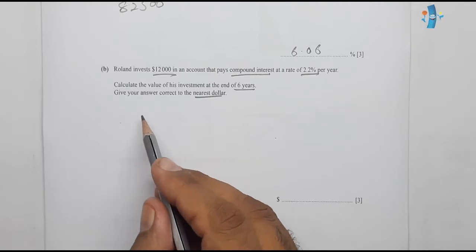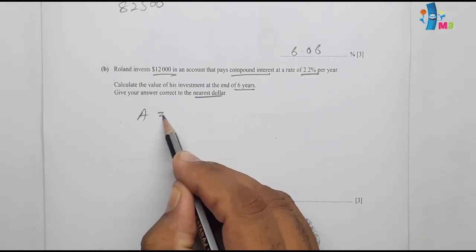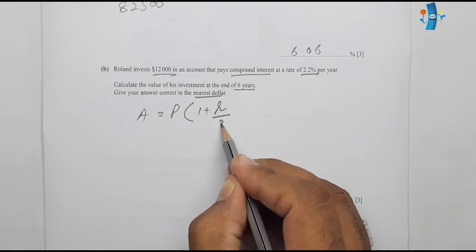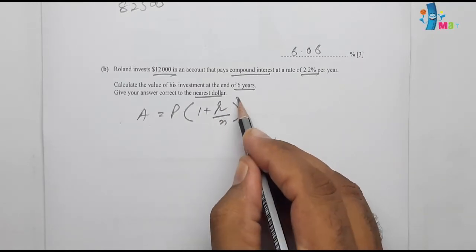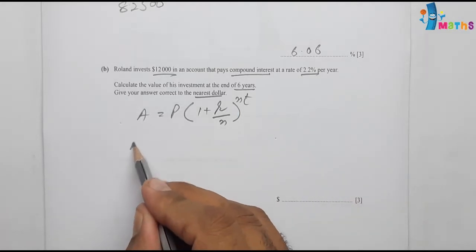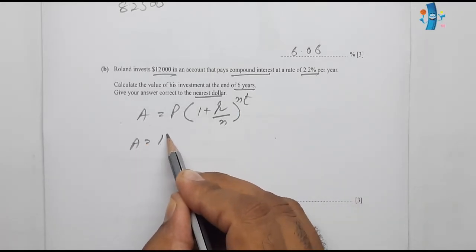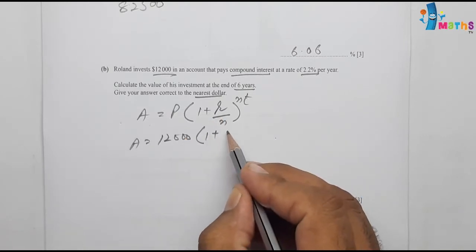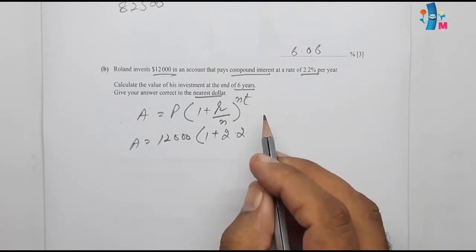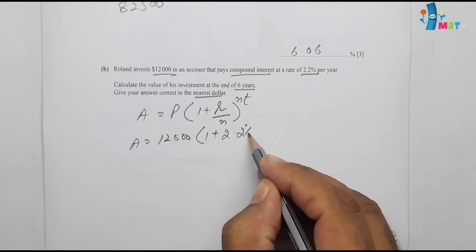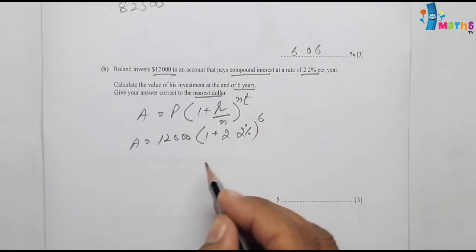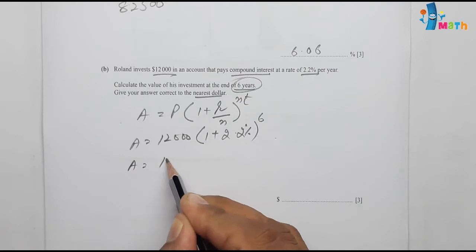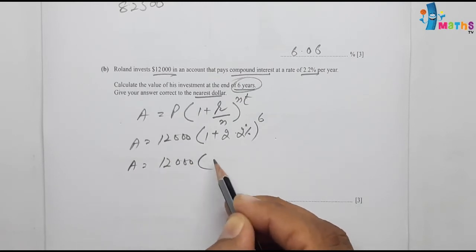So we will be applying the compound interest formula, which is A is equal to P into (1 plus R over N) raised to the power nt. So A will be equal to 12,000 into (1 plus 2.2%) raised to power 6, because this is for 6 years.